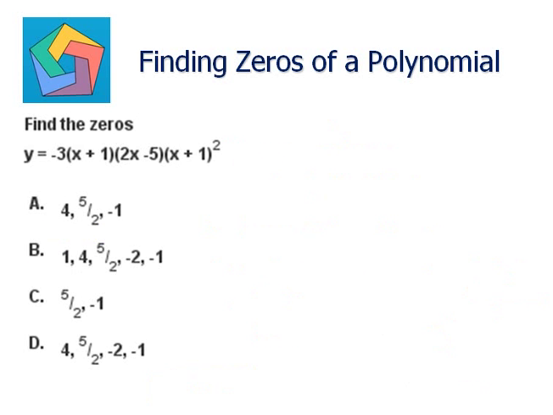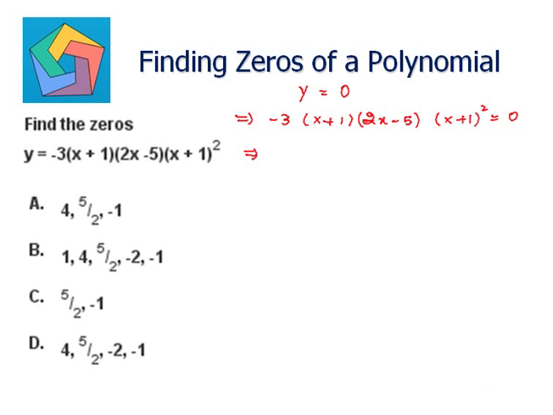Next problem. Find the zeros. y is equal to negative 3 times (x plus 1) times (2x minus 5) times (x plus 1) whole square. y is equal to 0 implies negative 3 times (x plus 1) times (2x minus 5) times (x plus 1) squared is 0.